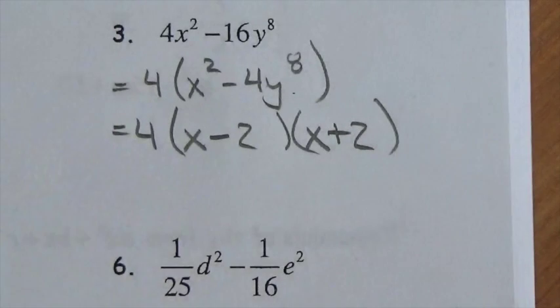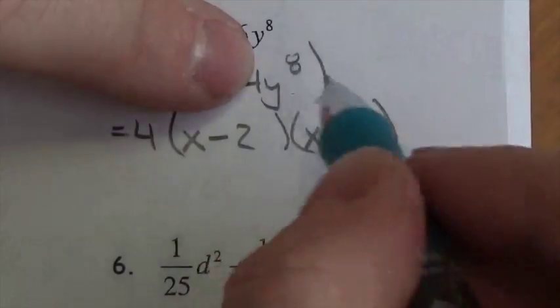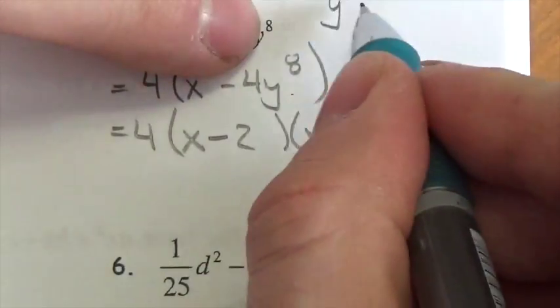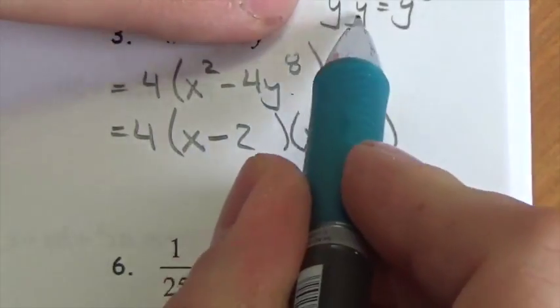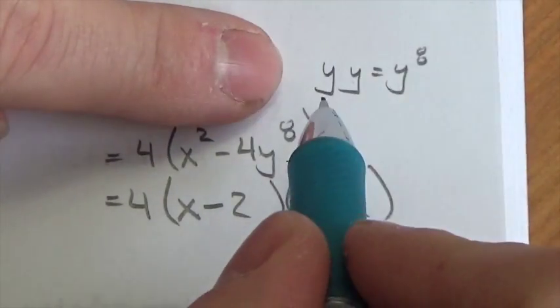Now, bear in mind that when I talk about a square root, what I'm talking about here is a factor that when multiplied by itself takes me right back to this expression right here. So I want some power of y that when I multiply it by itself gets me y to the 8th. And remember that when I multiply two powers together, I add the exponents.